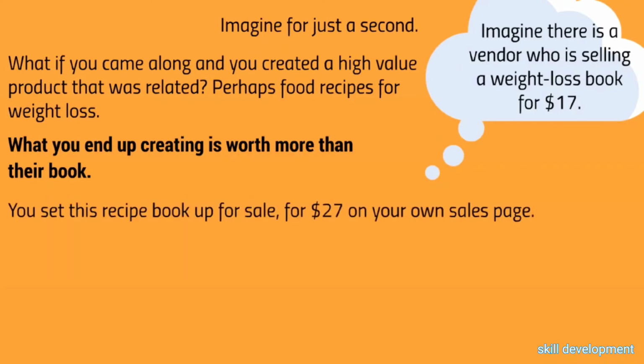You can set the recipe book up for sale on an actual sales page for $27, while somebody else is selling a $17 book or something lower. Basically, you want to make sure that your high value product is either double or a little bit more money than what they are selling, because it's going to get the vendor to more likely say yes.